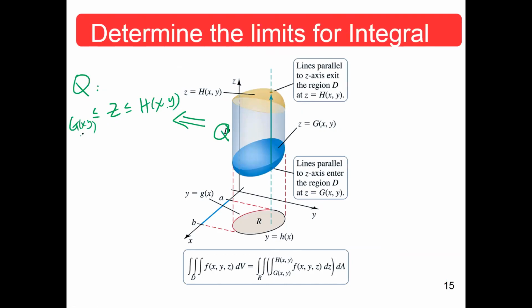Next will be about your x and y. For x and y, what we do is simply project this Q onto the xy plane. If you project it, you go down to this region R. So for x and y, you look into region R. In this particular case, can you tell the region R has been expressed using a y simple expression?